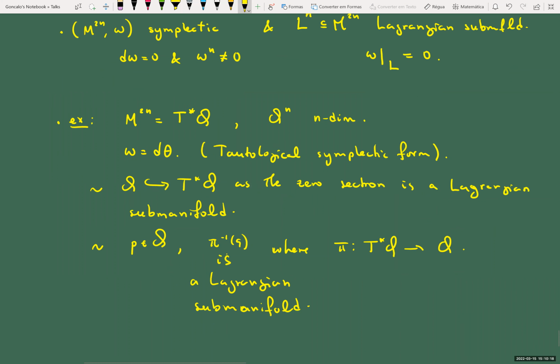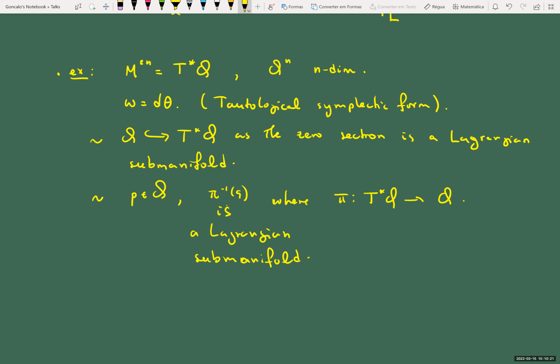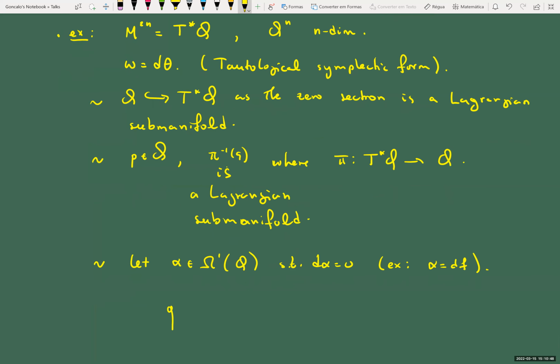Another example in the same setting is if you pick on Q a closed one-form. So let alpha be a one-form on Q that is closed. For example, if you pick d of a function, one thing you can do is to look at the graph of alpha.